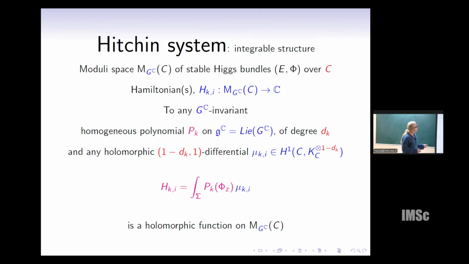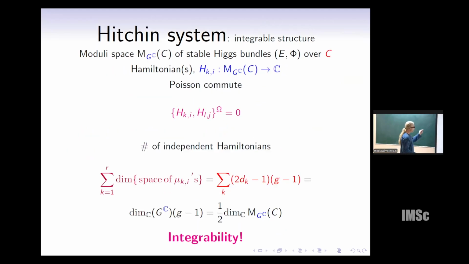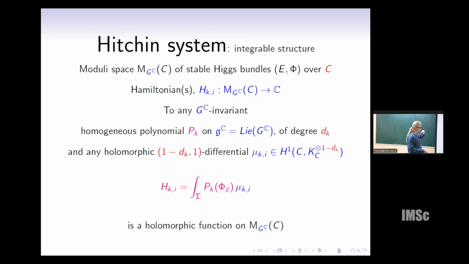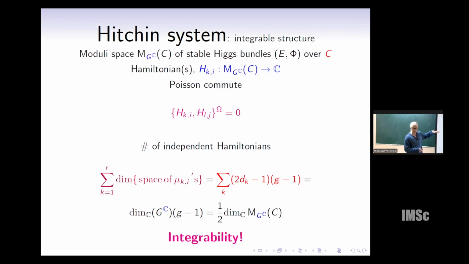This might look unfamiliar, but if d is equal to 2, then this is a minus 1 differential, which we know under the name of Beltrami differentials. So these are generalized Beltrami differentials. For d equals 2, they describe the variations of complex structure, and for higher d, they describe what is called the variations of W structure, generalizations of complex structure. Now, because these functions were constructed out of phi without using A, they Poisson commute by construction.